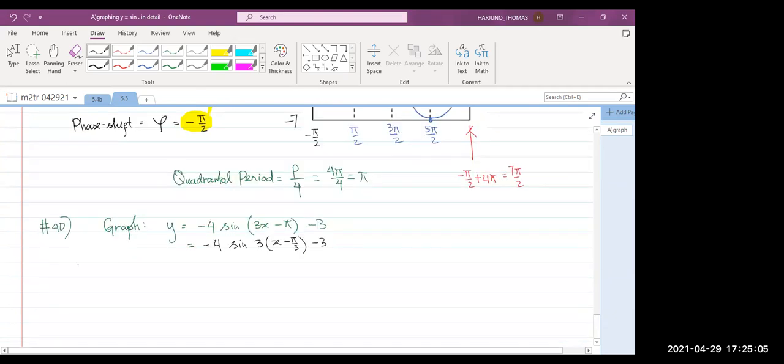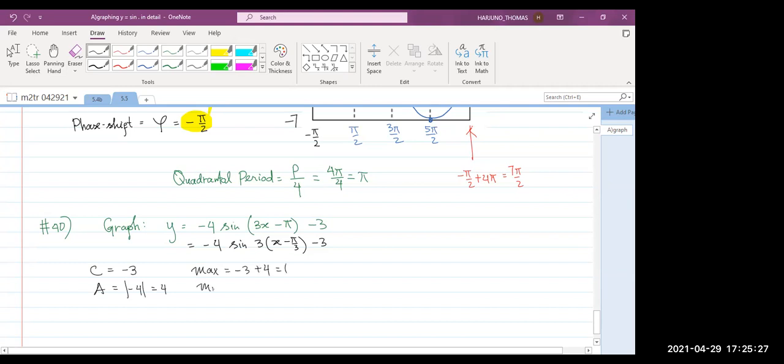Okay. Before you do the graphing, do the details first. The center is -3. The amplitude is absolute value of -4, which is 4. So the maximum is -3 plus 4, which is 1.